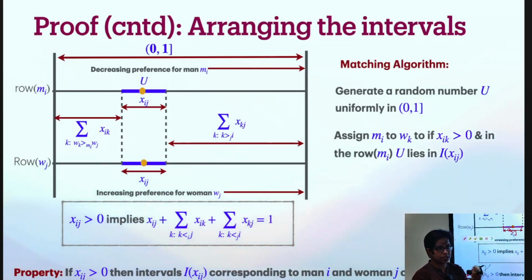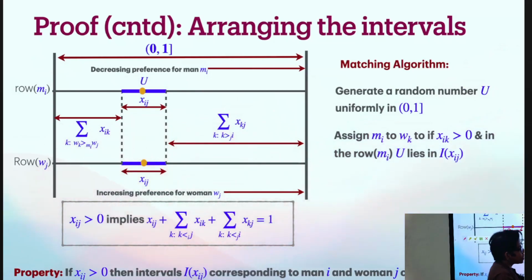If the interval itself is 0, the point does not lie on that. Wherever the point lies, it falls in some non-zero segment. That indicates a woman with whom he has non-zero fractional matching. I then assign that woman to this man.